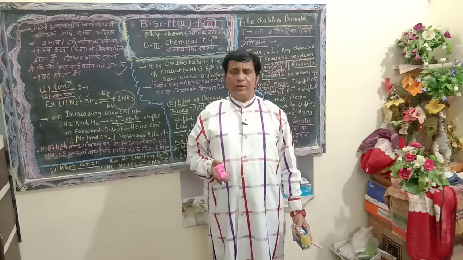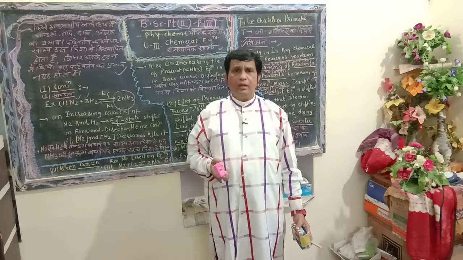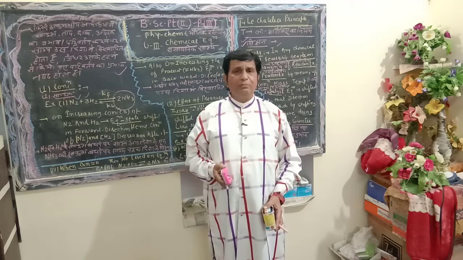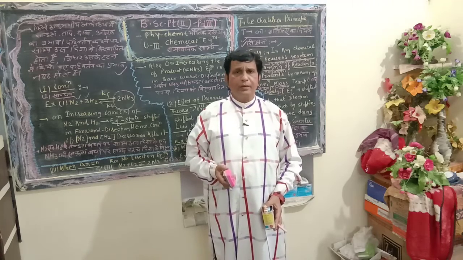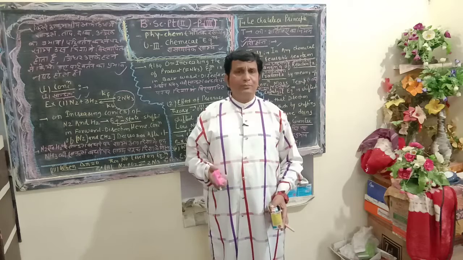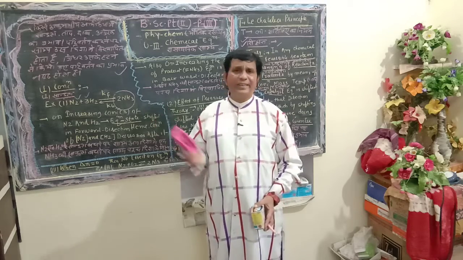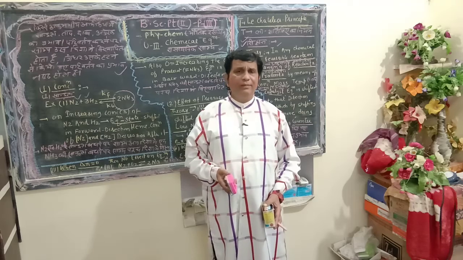I draw your kind immediate notice, dear students of B.Sc Part 2, once again. Before proceeding to today's lecture on Le Chatelier's principle, we delivered the fundamental conceptual rules and definitions of the equilibrium constants Kc and Kp in our previous lecture.